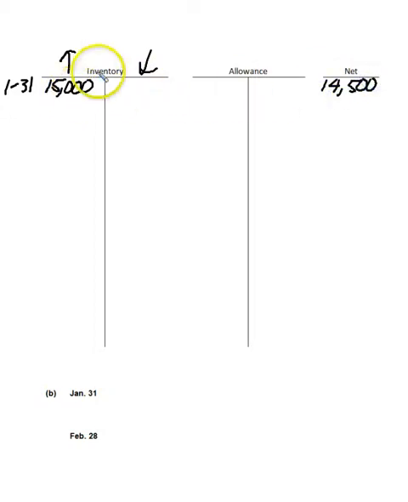So if we maintain cost in the inventory account, that means in order to report $14,500, we need an allowance account that's going to offset that. So a debit of $15,000 minus this credit of $500 will give us a net balance of $14,500.